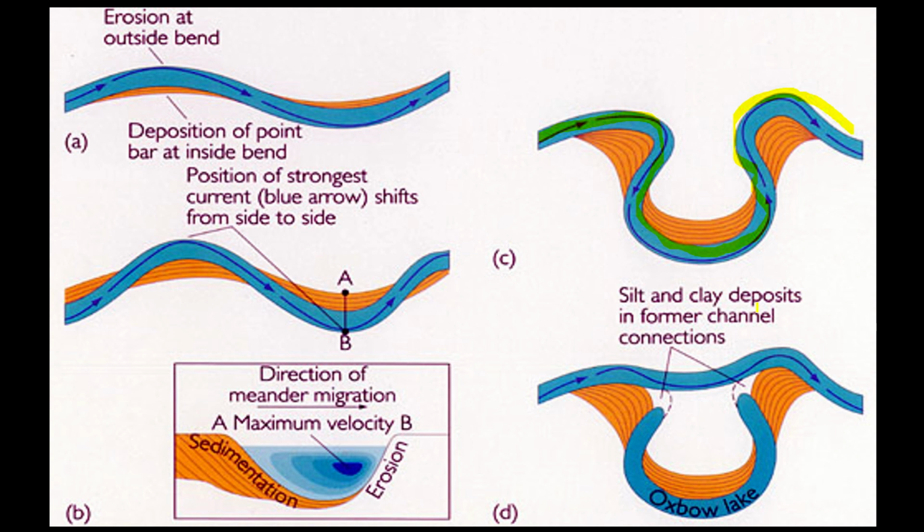Silt and clay deposits in former channel connections are this. When it becomes too deep, then it just cuts out from the main river, and it forms an oxbow lake. So, a meandering river gives rise to an oxbow lake. Okay.